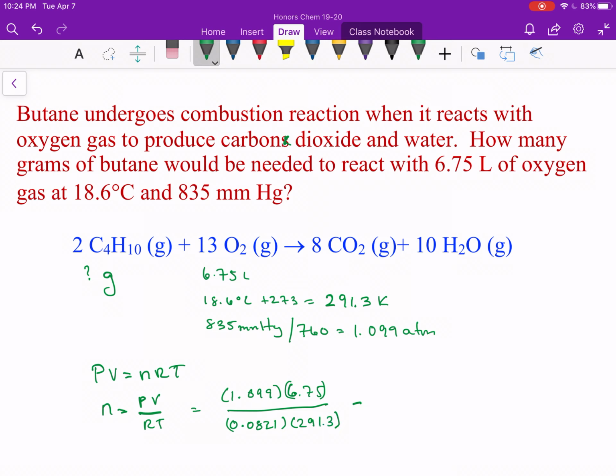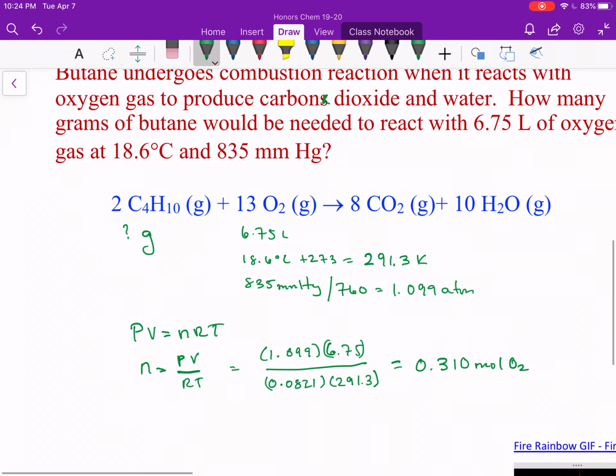And that's going to give me 0.310 moles of O2 that needs to be reacted.